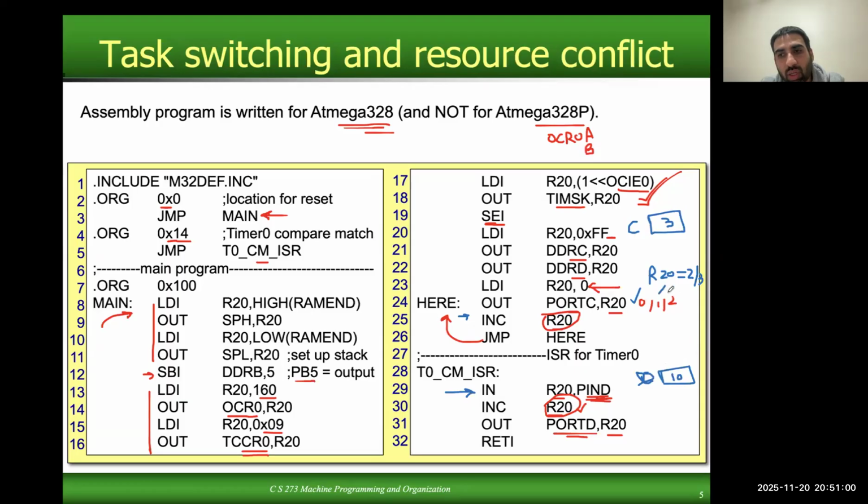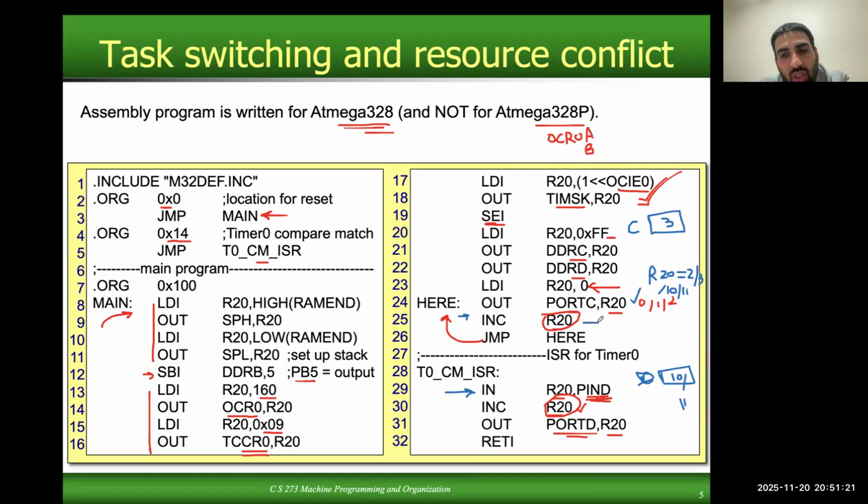So R20 becomes 10, right? And then it is incremented. So R20 becomes 11. And then you send R20 to port D. So on port D, you see 11, right? And then you return from the interrupt service routine, return from interrupt, right?